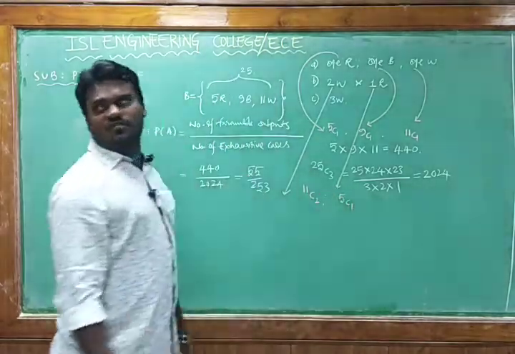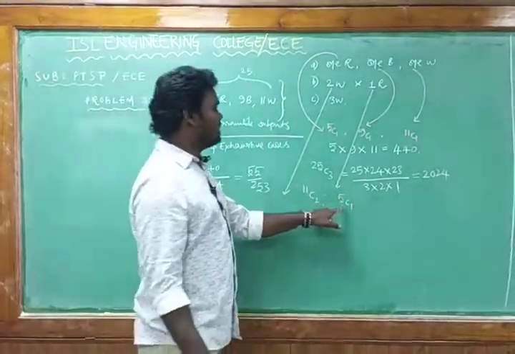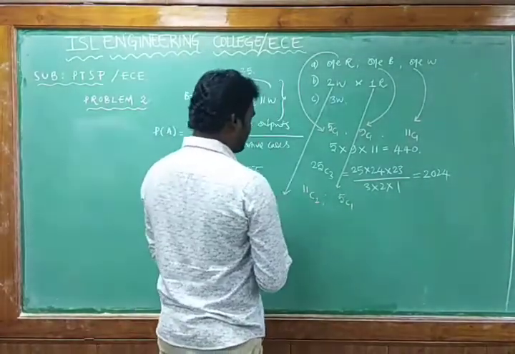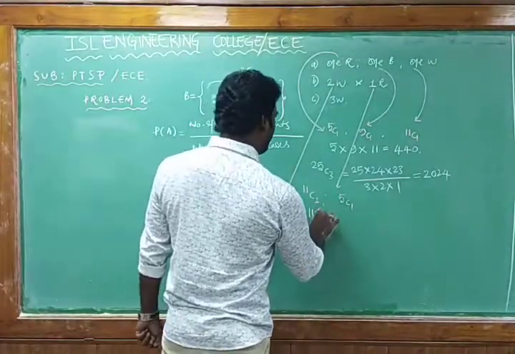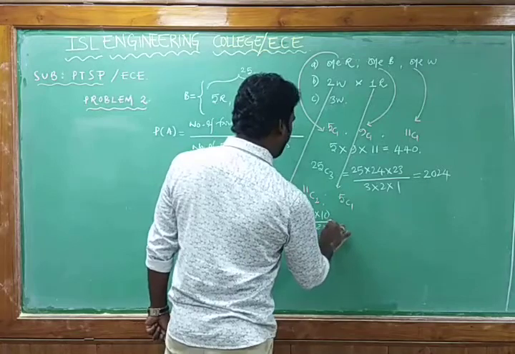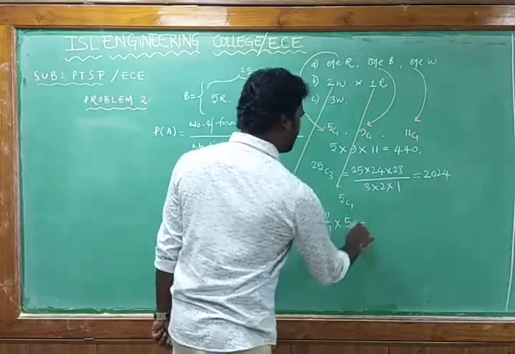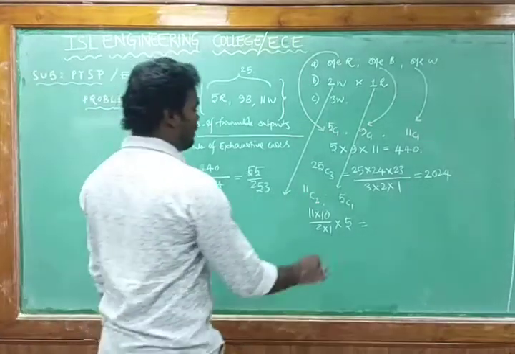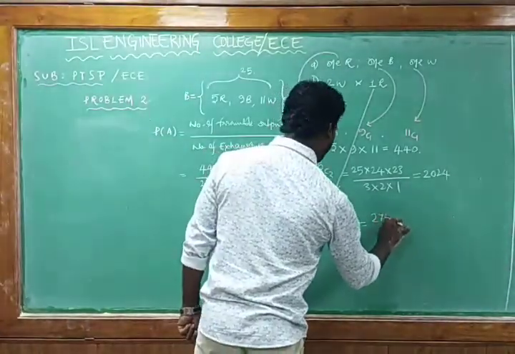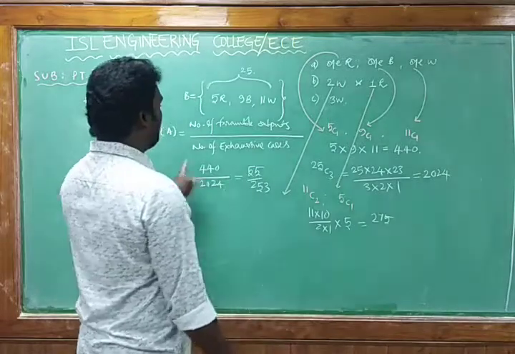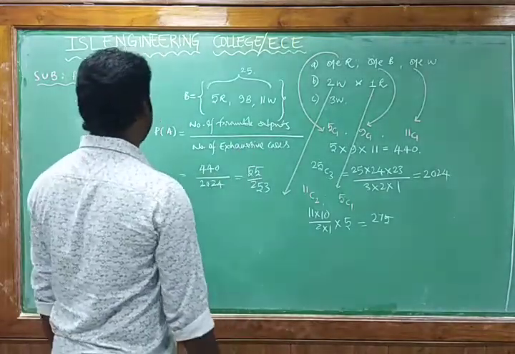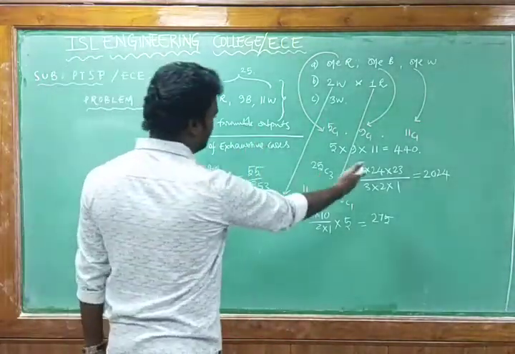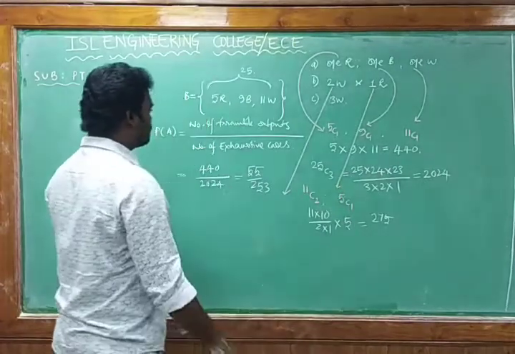The number of favorable cases is 11C2 into 5C1, which is 11 into 10 by 2 into 1, into 5. If you simplify this, the answer is 275. The number of exhaustive cases remains the same, that is 2024.